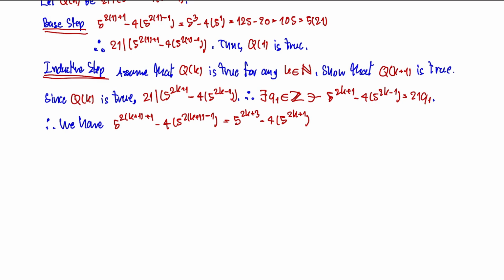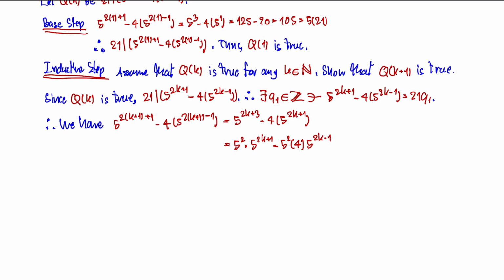Then what do we have right here? We have 5 squared times 5 to the 2k plus 1 minus... Let me think about it. We want to have 5 to the 2k minus 1. That means we're going to have 5 squared times 4 times 5 to the 2k minus 1.